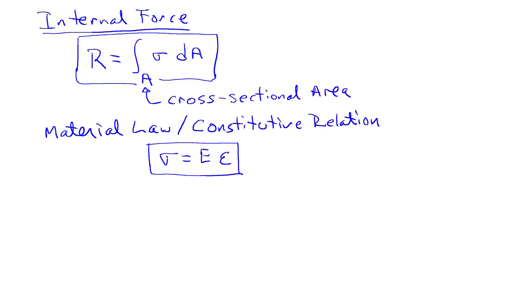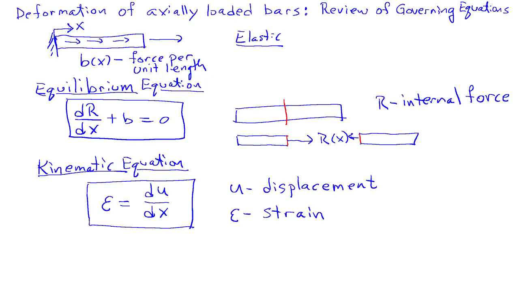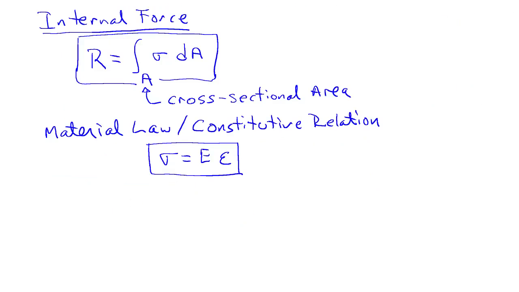So we have these two here, and then on the prior slide we have these two. So the equilibrium equation, the kinematic relation, or the strain displacement relation, and then the internal force definition, so its connection to the stresses on the cross section, and then the material law.